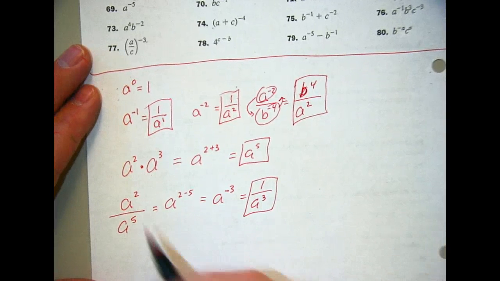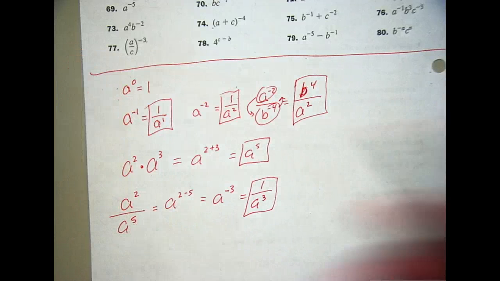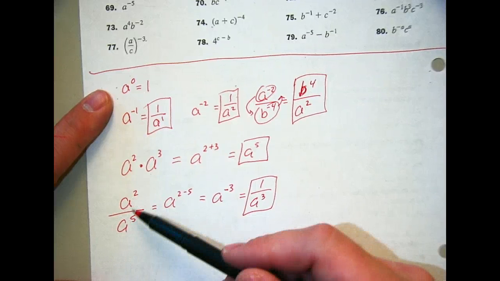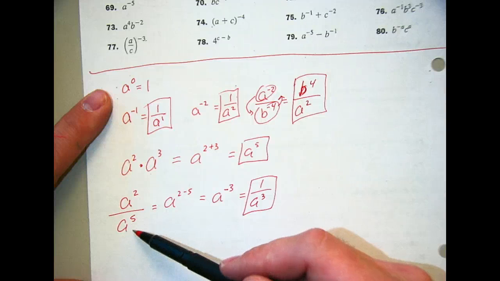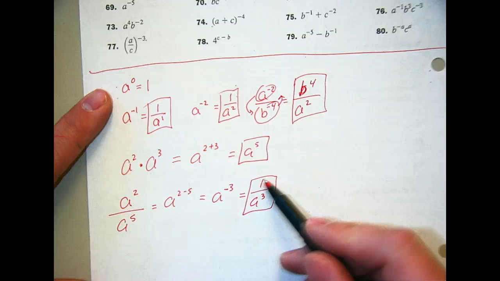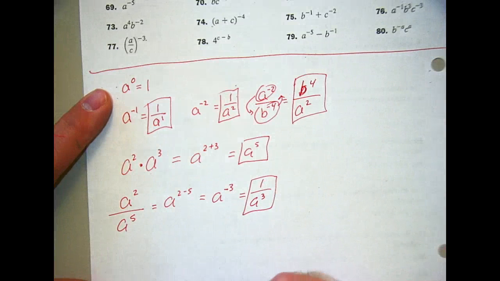The other way to think of this one, and this is the way I think of it, I just look at it and go, where do I have more a's? Bottom. By how many more? 3. So you end up with 3 on the bottom and just a place value holder on top. You can just reduce it like that.